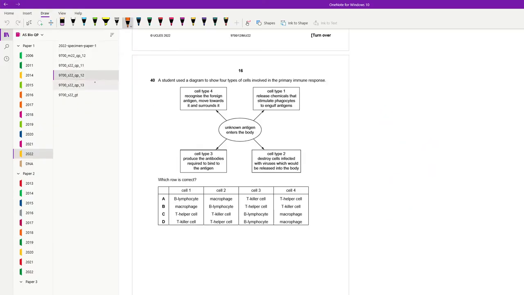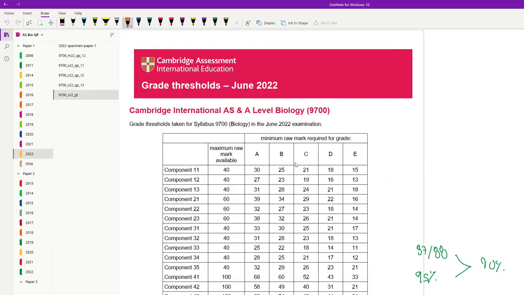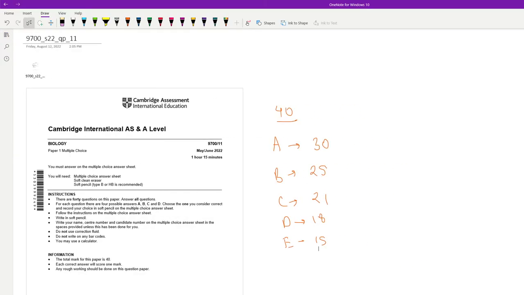So basically, if you look at the difficulty of all three papers, it seemed like paper 1-2 was the hardest, since A was at 27, but paper 1-1 and 1-3 were on the easier side, right? So let's begin. Let's see how we deal with it.